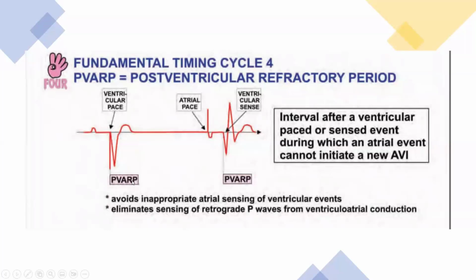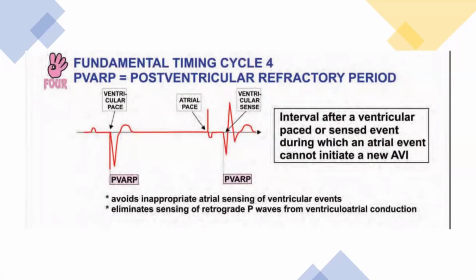The atrial channel has done its work, which is connecting this ventricular event to the atrial event. And this rest starts from sensing or pacing the P wave, continues through the AV delay, and after the QRS complex continues with the PVARP. After the PVARP ends, the pacemaker is ready to receive new P waves, conduct them to the ventricle, and cause a QRS complex.